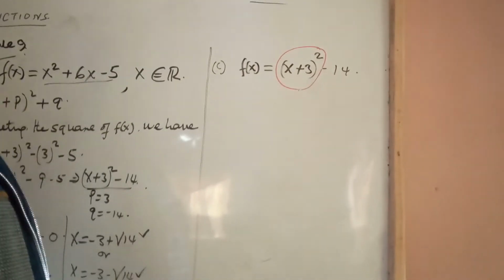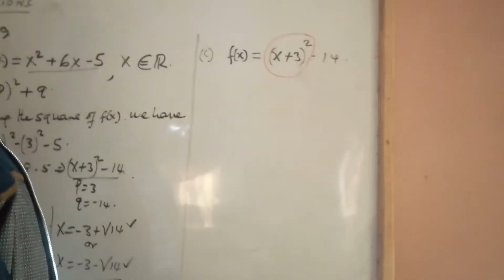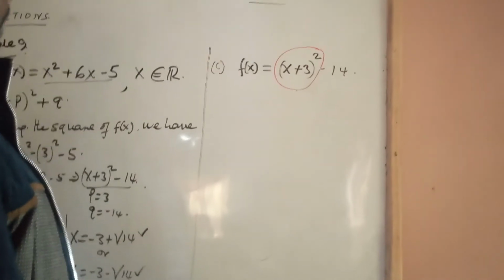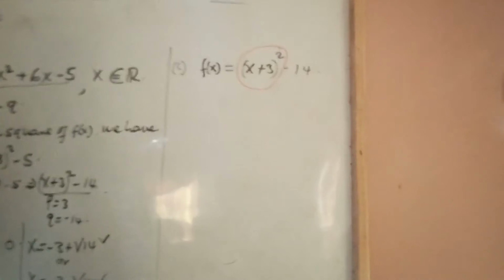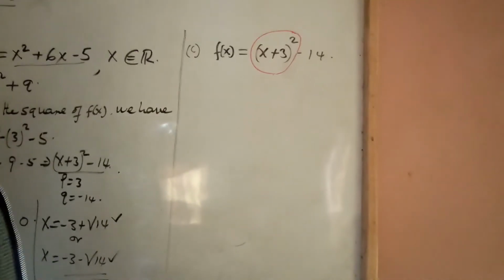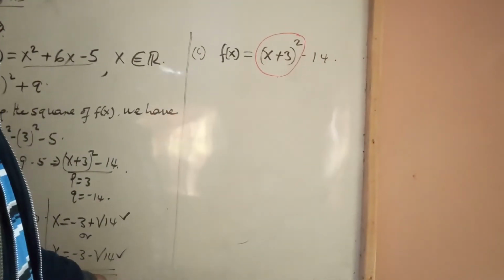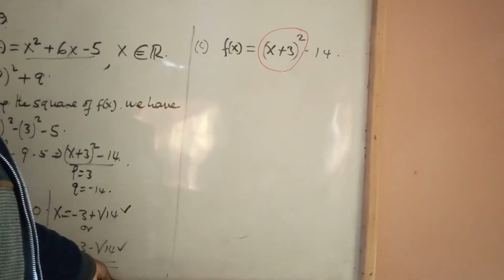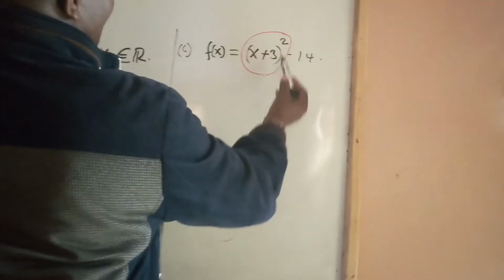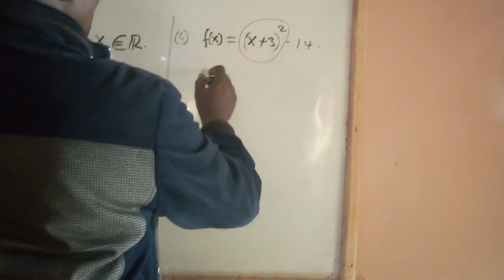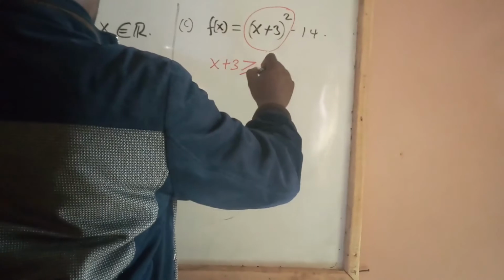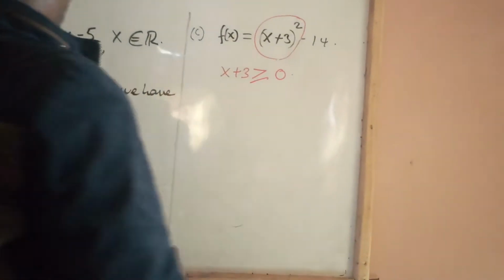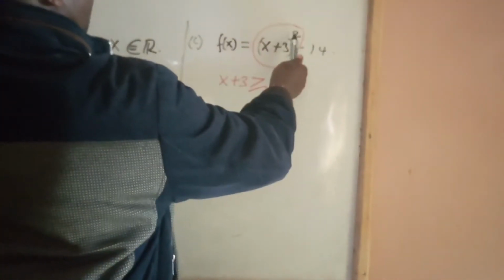And any squared number, the least squared number can only be 0. Any number, whether it was negative before, when it is squared, it can only be positive. So with that understanding, (x plus 3) squared can only be greater than or equal to 0.